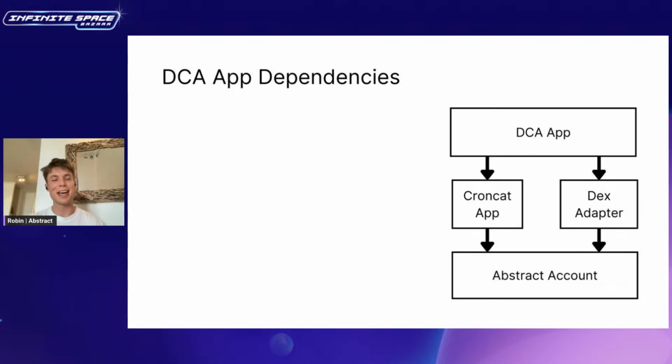And our DCA app also uses this, right? Because our DCA app needs to do swaps. And it will depend on two applications, or like two modules. The first of which is a DEX adapter, which I just mentioned. And the other is a Croncat app. So Croncat, if you don't know it, is a CosmWasm-oriented automation application that is deployed to different chains.